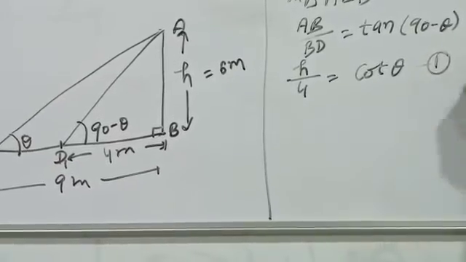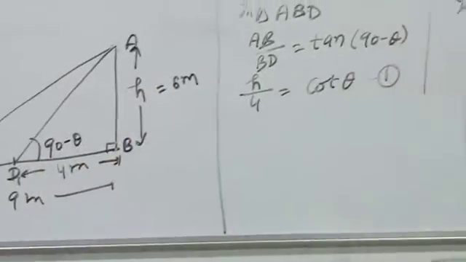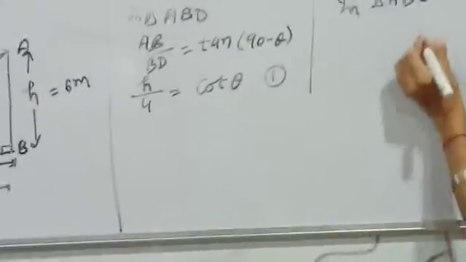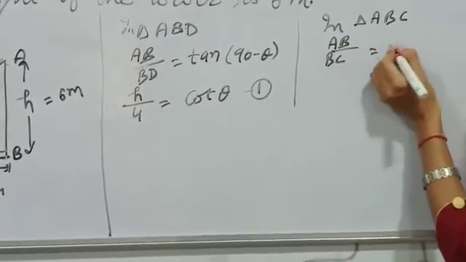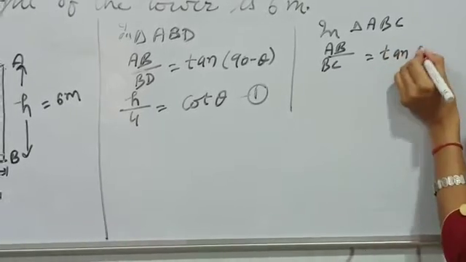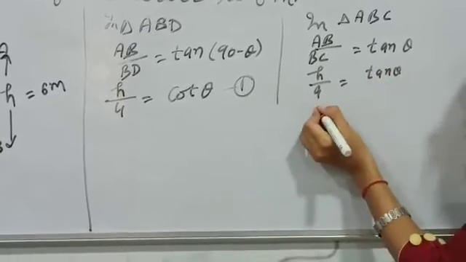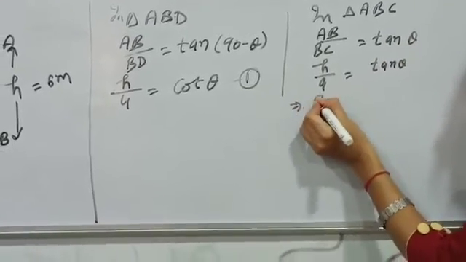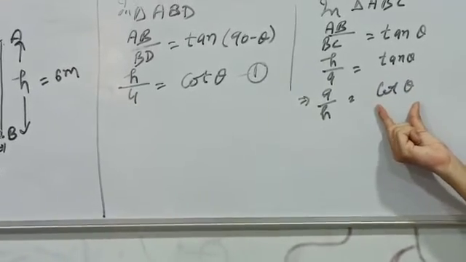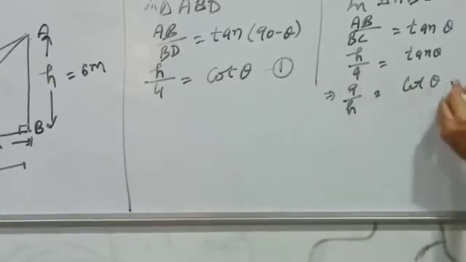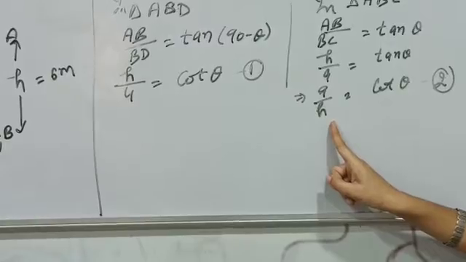On the other side, in triangle ABC, height AB upon base BC is equal to tan theta, which is h upon 9 equals tan theta. Or we can say, taking the reciprocal on both sides, 9 upon h is equal to cot theta. If we consider these two equations, one is equal to cot theta and this one is also cot theta, right?